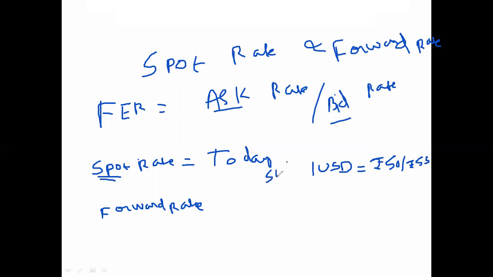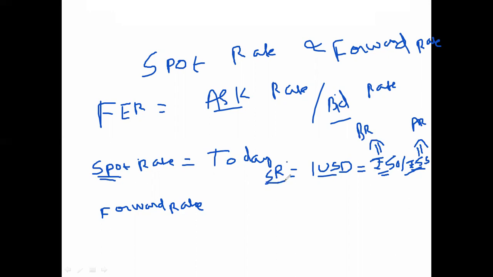By reading this, you should understand which rate is 50 and which is 55. 50 is the bid rate and 55 is the ask rate. So if you want to buy dollars, you will have to pay 55 because the bank will sell the dollar. If you want to sell, meaning the bank will buy, the applicable rate will be 50. This is the spot rate.